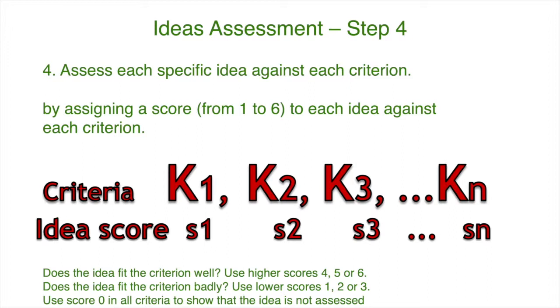To kill an idea, we score 1 to all the criteria, and if we don't want to evaluate the idea, we use score 0 to all the criteria. So we provide a 0 score, and that means that we need to look at the idea a little bit later. For example, that the idea has not been assessed in this round.